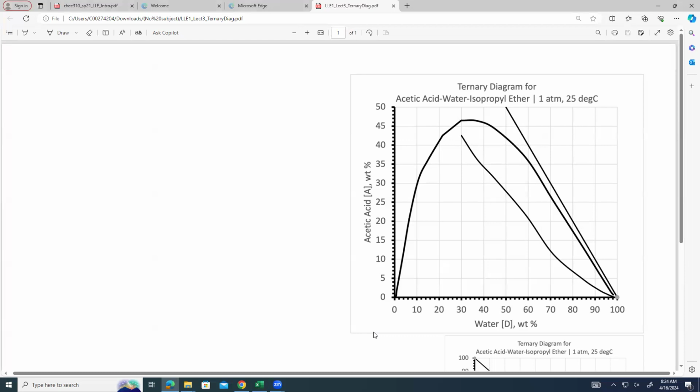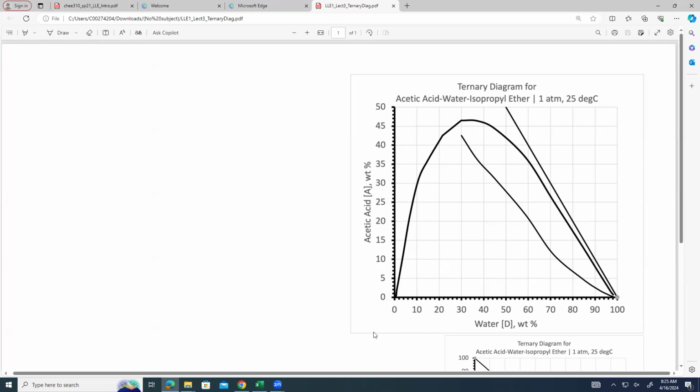So what you'll need to do is identify these points, mark the points, and give these some names. This will be W, Y, Z. These will be J, K, L.